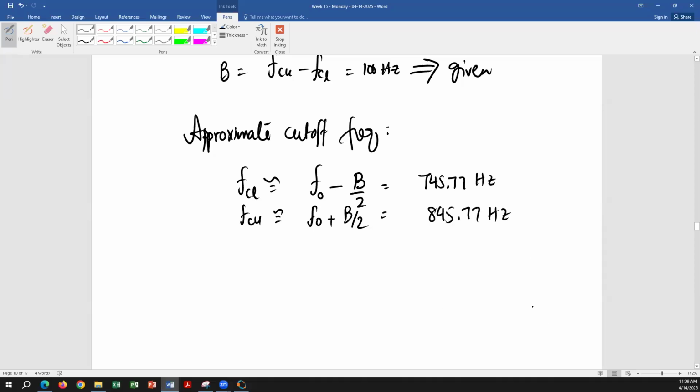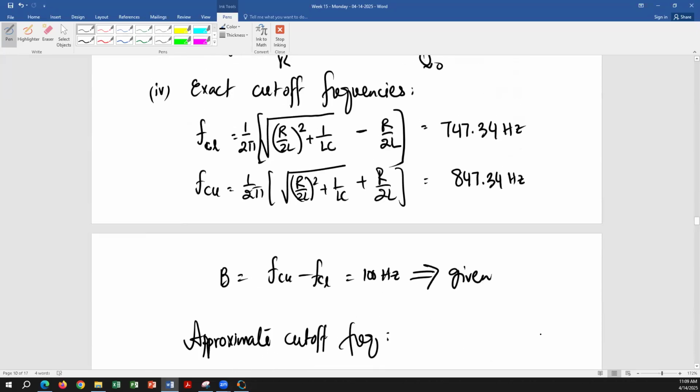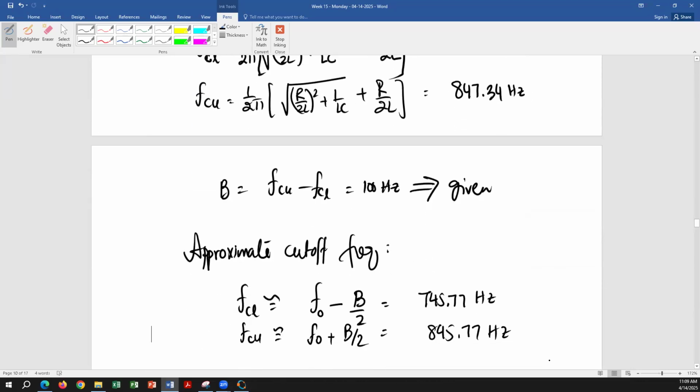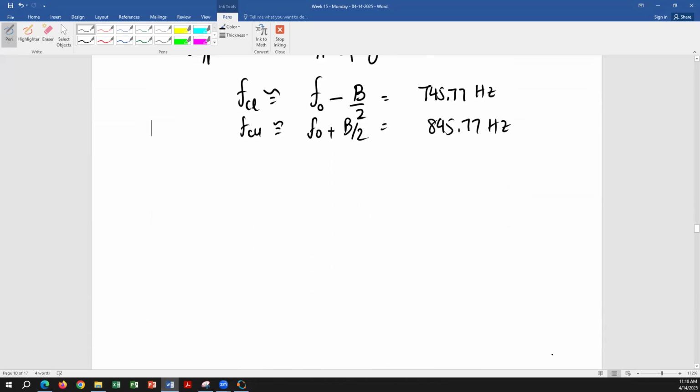So instead of 847 and 747 exact values, we have 845 and 745, which are not that far from the approximate values.